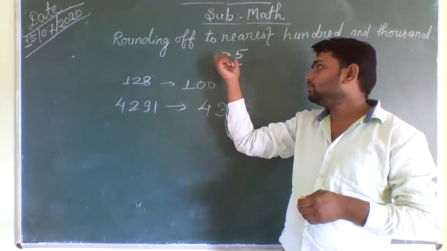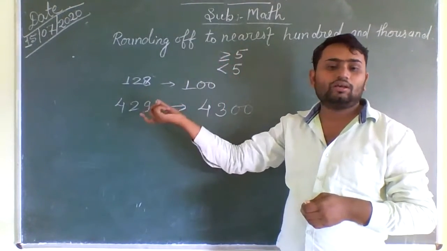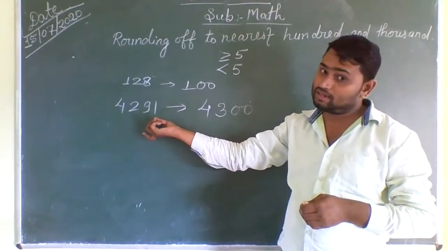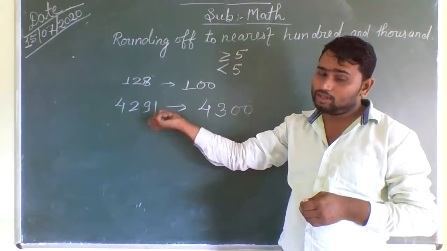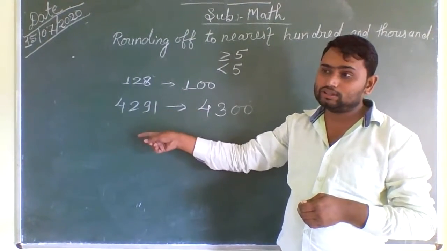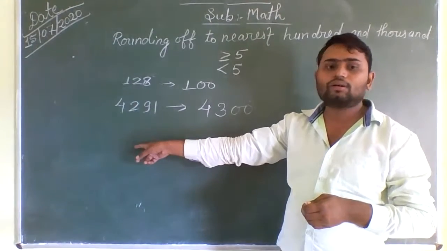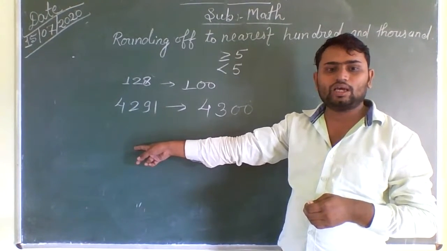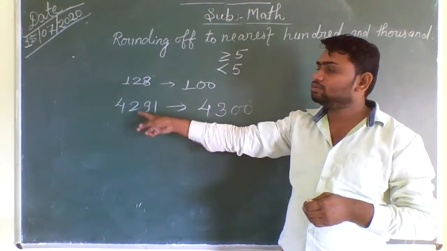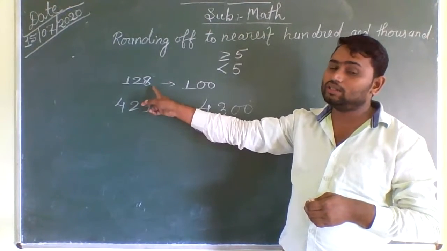If it is greater than or equal to 5, then we will make a change to the digit at the thousand place. To find the nearest thousand, we will change the digit at the thousand place, the way we have done it to find the nearest hundred.